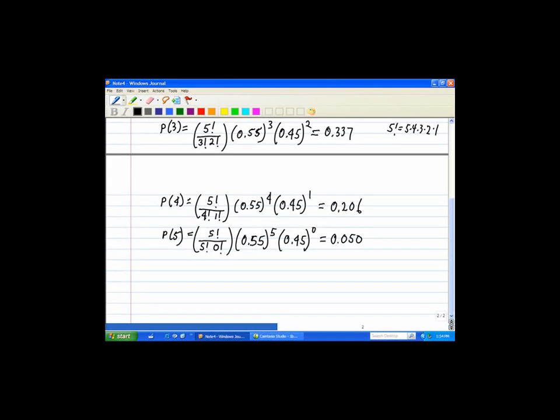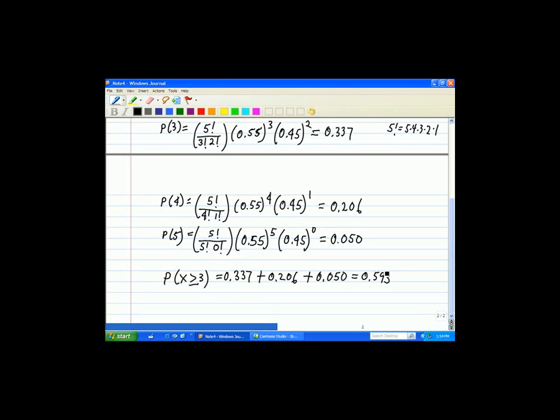Now the probability of winning 3 or more games is equal to all these probabilities: 0.337 plus 0.206 plus 0.050, and that yields 0.593.